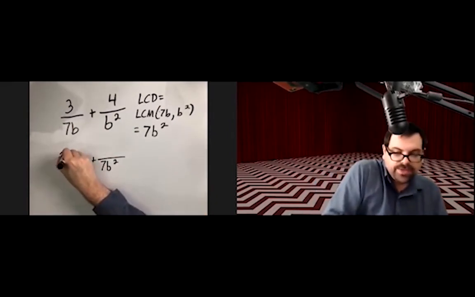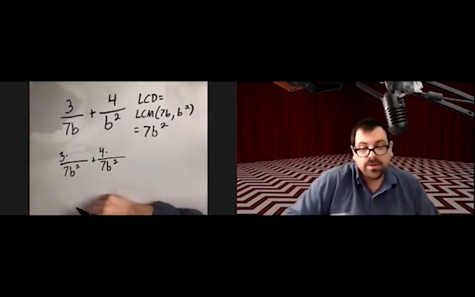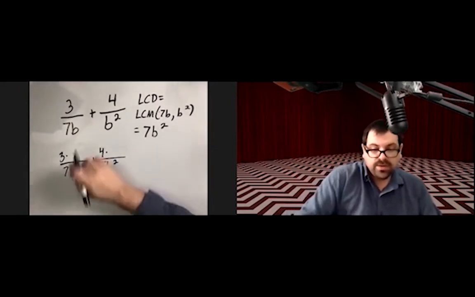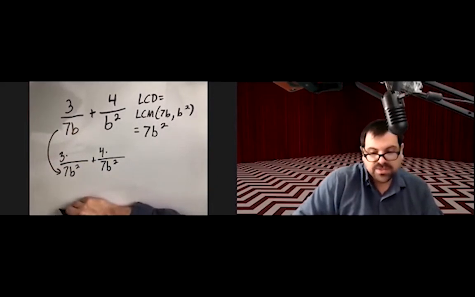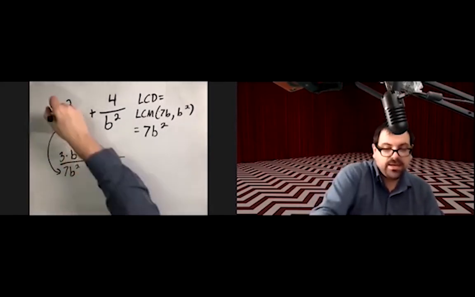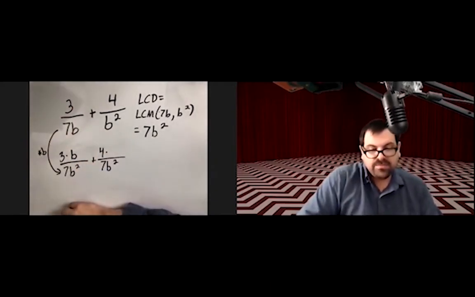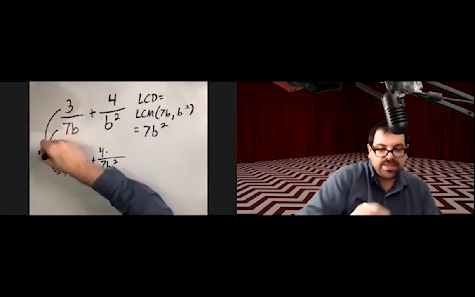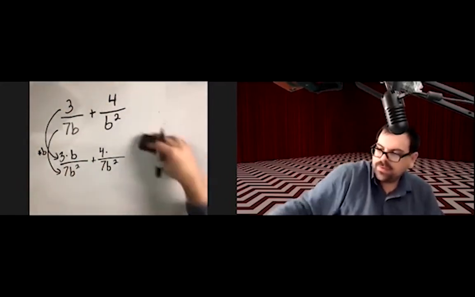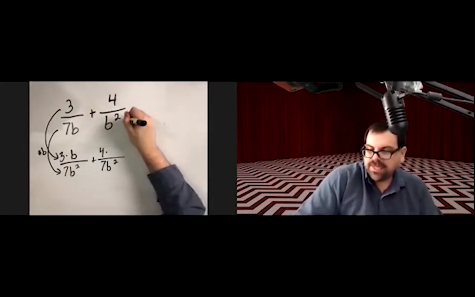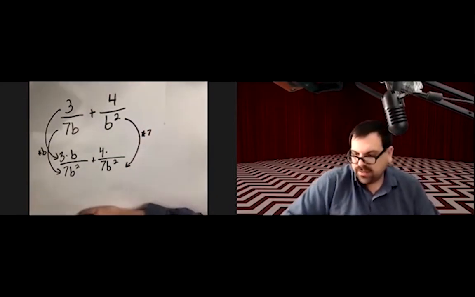Set up 3 times. Set up 4 times. 3 times what? Well, 7b times what is 7b squared? Well, 7b times b is 7b squared, so 3 times b is 3 times b. Same over here. B squared times what is 7b squared? Well, times 7.